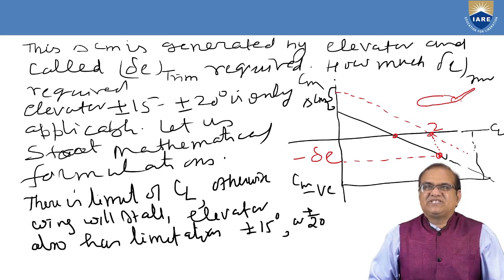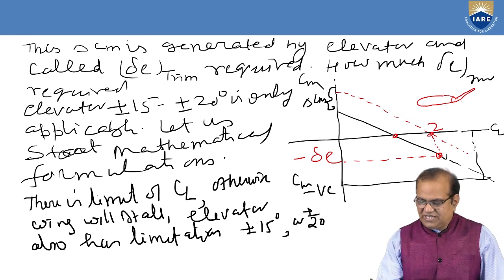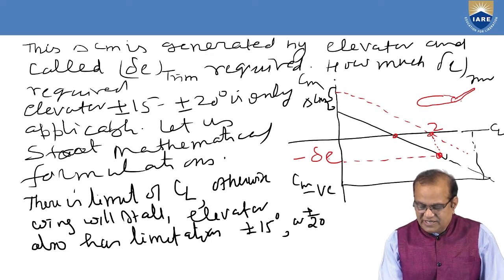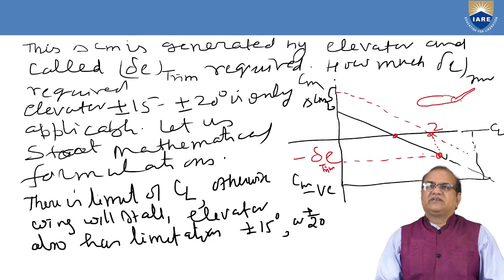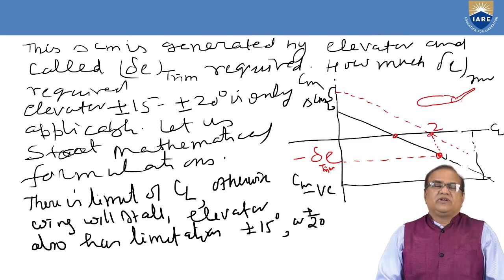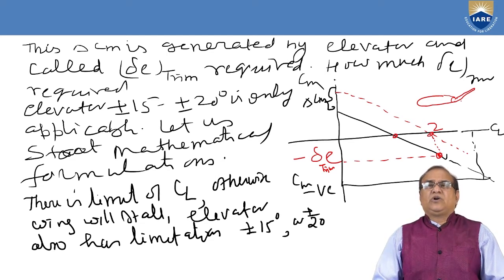Thus delta Cm is generated by the elevator, and this deflection is called delta E trim. If you see here at this point, this is the delta E trim required at the new point. How much delta E trim is required? Mostly the elevators move only plus or minus 15 to plus or minus 20 degrees.